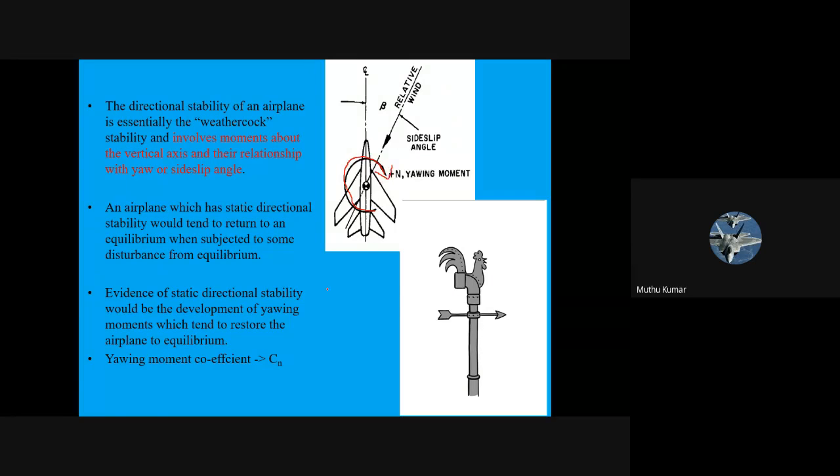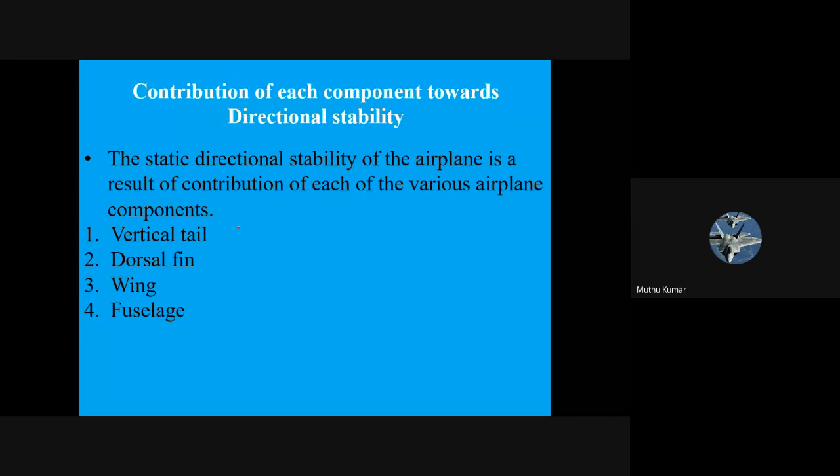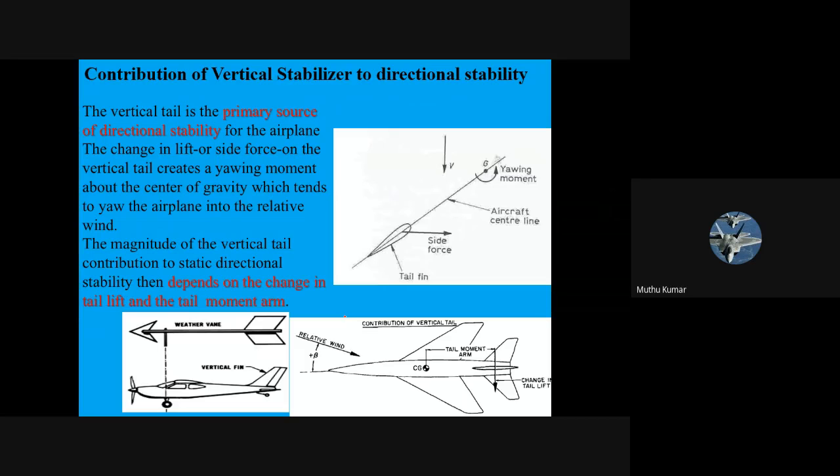Who provides the comeback? These are the contributors: adding a vertical tail, a dorsal fin, even a wing does a task, and also the fuselage. How they contribute is very important. The first one is the vertical tail. So the vertical tail is the major contributor. Look at this: the weather vane in a weathercock aligns itself because of this section, which hits the air and automatically rotates.